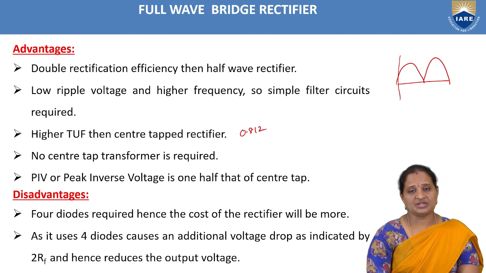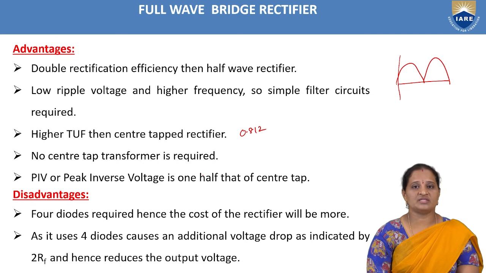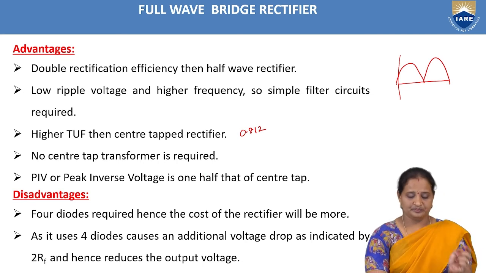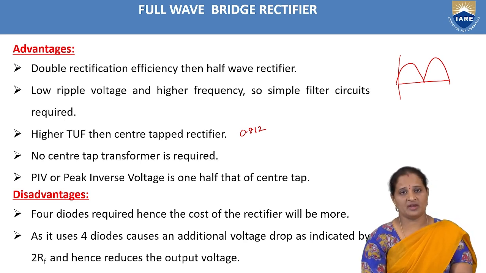No center tapping is required, and hence the cost will also be reduced when compared to the center tap full wave rectifier. And the peak inverse voltage is half that of the center tap full wave rectifier. These are all the advantages that we can observe in the bridge rectifier.